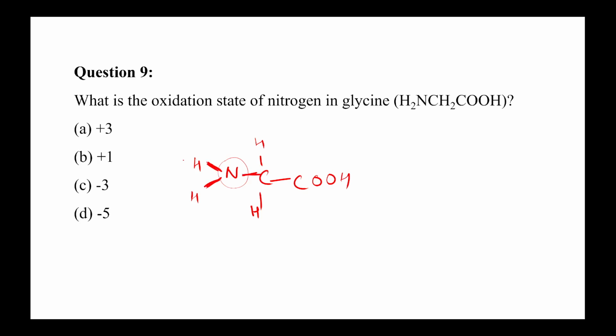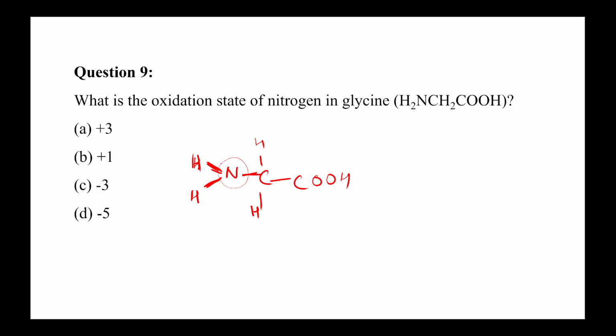Nitrogen is more electronegative than hydrogen and more electronegative than carbon, so it will withdraw 1 electron from each of these 3 atoms. So it will have a total net -3 oxidation state.